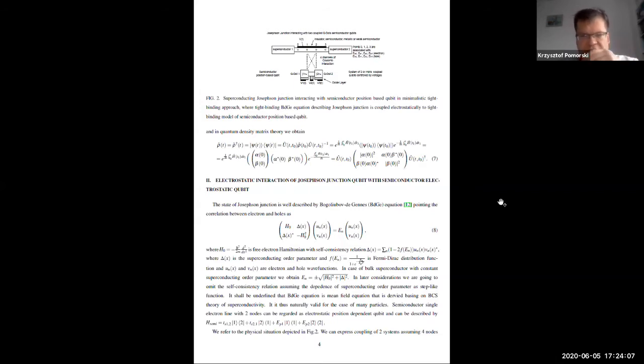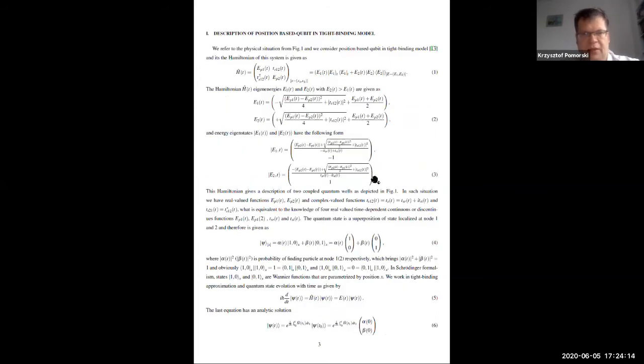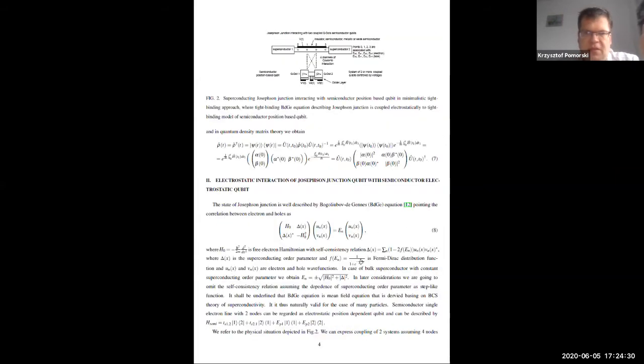So our suggestion would be as before: H0 was represented by such a type of Hamiltonian, and this was for a single electron localized between two or more quantum dots. The same suggestion is made here.